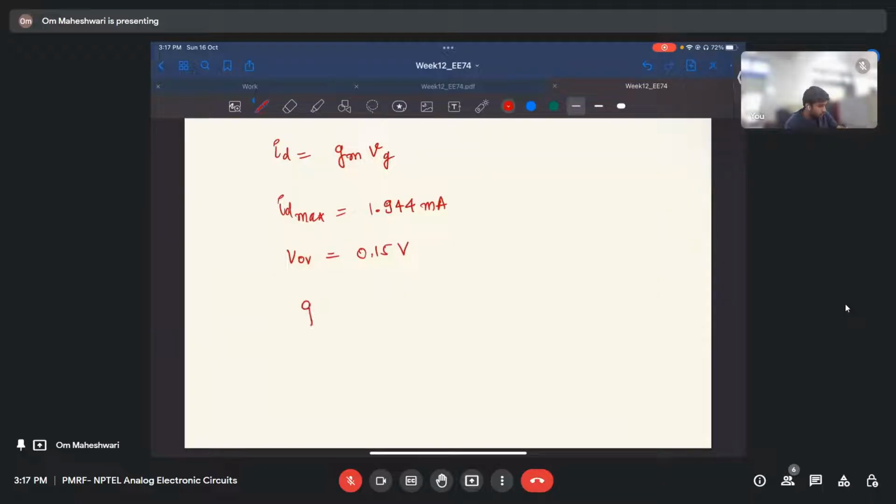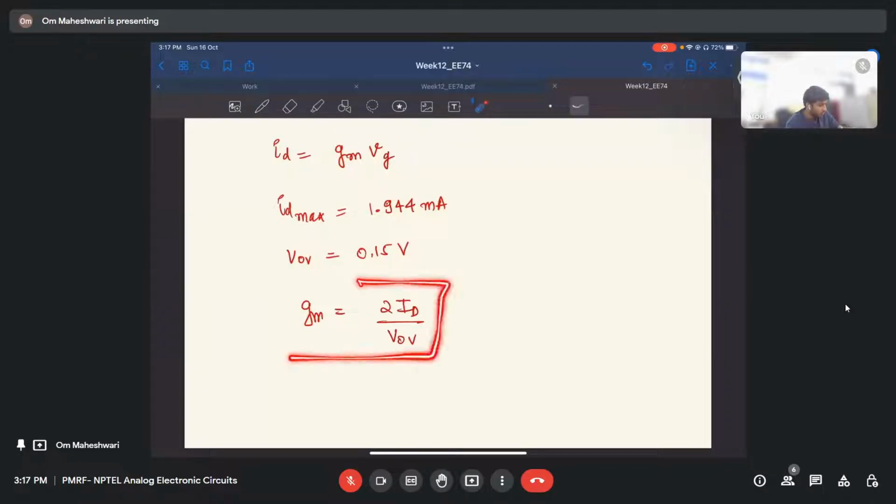So we know that GM equals 2ID by VOV. We have done this earlier also. This formula, GM equals 2ID by VOV. Let me do it simply. ID equals K VOV square, right?